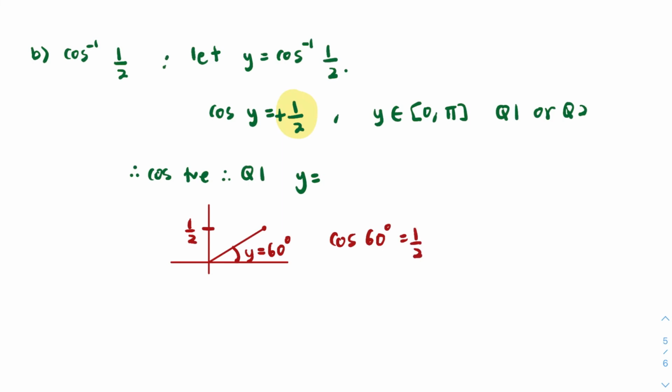But we want the answer in terms of exact value, so you change your 60 degrees into radian form. Radian form will tell you this is going to be y equivalent to pi over 3. Okay, so that's your final answer. Are you okay?